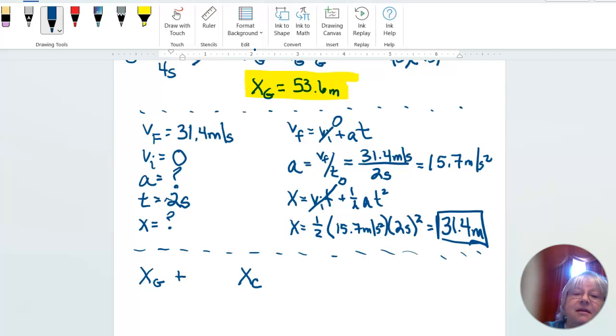And that, if I just subtract, gives me 22.2 meters. So my cheetah has to run whatever distance the gazelle runs plus the 22.2 meters that it's behind.